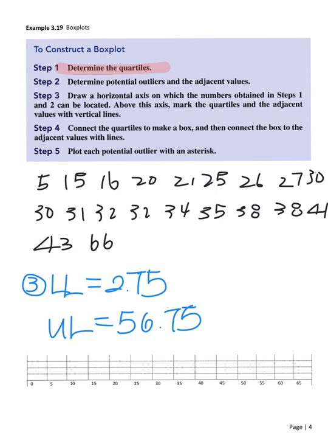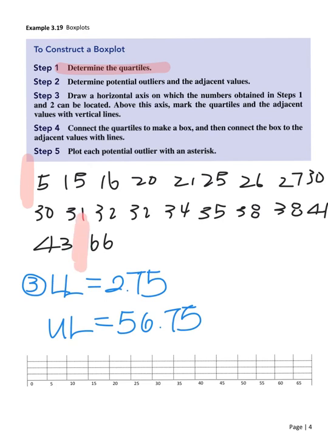So let me see. The lower limit was 2.75. It's actually here. We don't have anything lower than the lower limit. So on the left-hand side, we don't have any outliers. But how about the upper limit? The upper limit was 56.75.